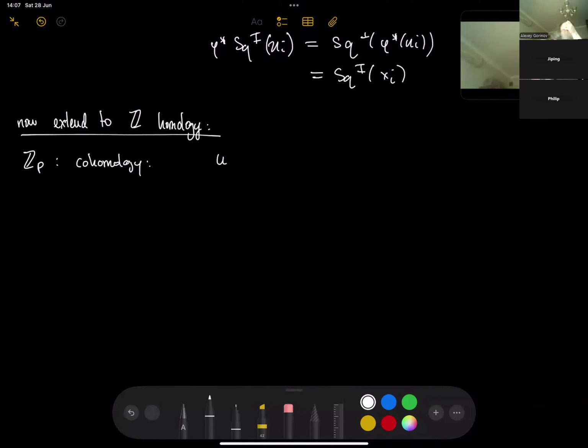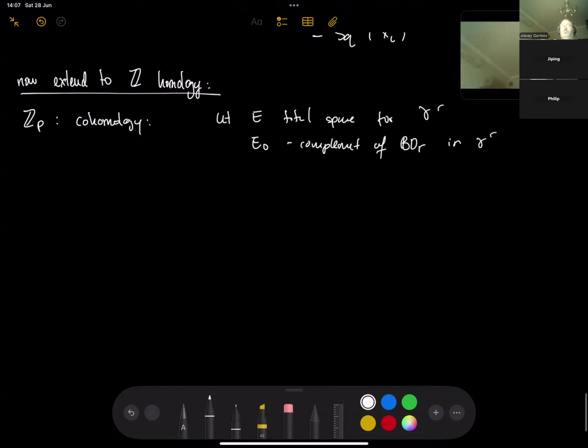So if E is the total space for gamma R, and E0 is the complement of BOR, then we have an exact sequence by looking at the pair in Z/p cohomology.